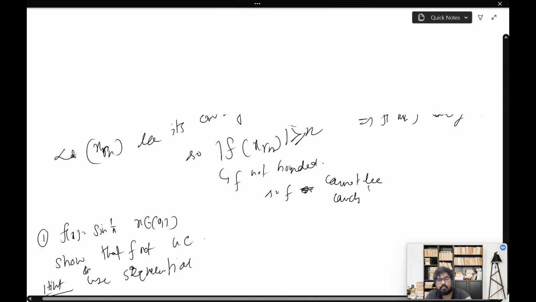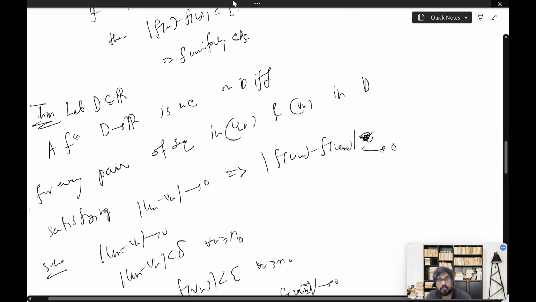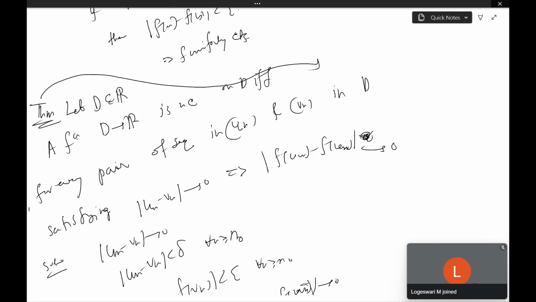One thing I should say is that this theorem is known as the sequential criterion of uniform continuity. Logically, can you hear me?